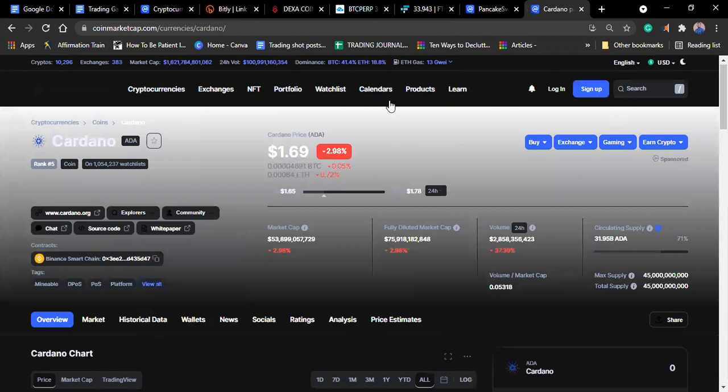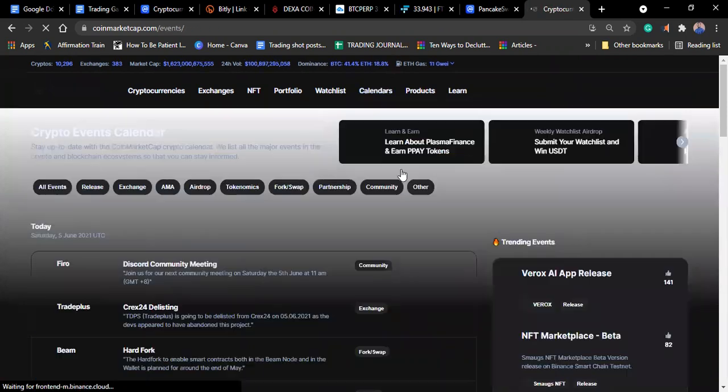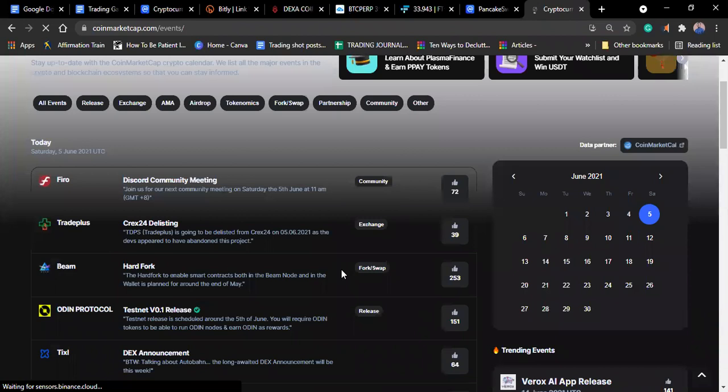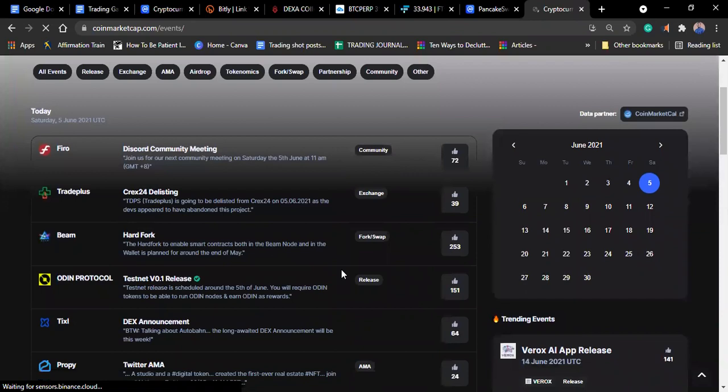Another research you can do is, when you come here, you come to the calendar. Under calendar, you're doing research now, you want to know what to buy and sell, you come to events and click on events. So you're looking at the different coins or tokens that have events coming up.